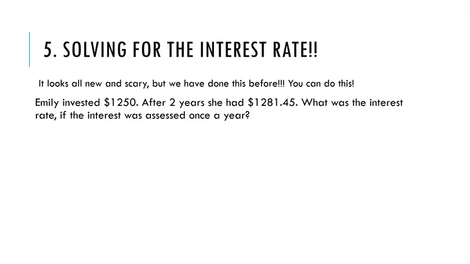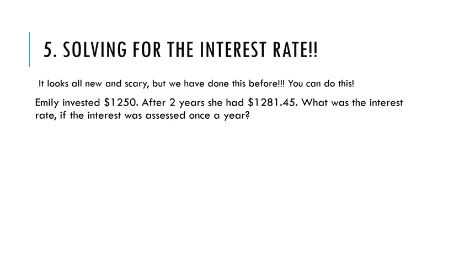I've got this wrong on my answer sheet, so I'm going to have to redo this. If the interest was assessed once a year, that gives me the number of times it was assessed, so my n is going to be 1. So we're going to have a 1 right here, and a 1 times 2 here.